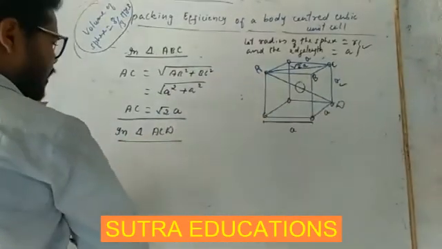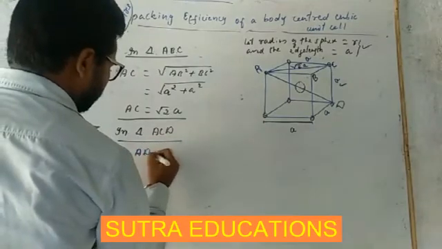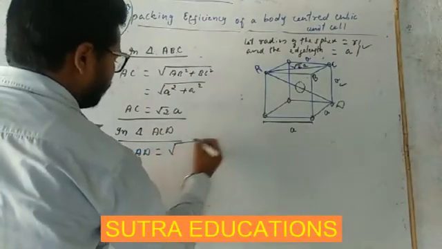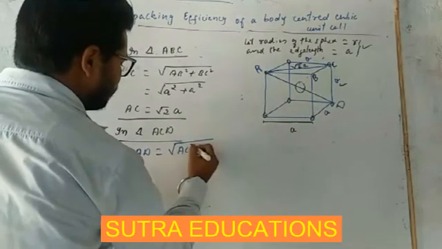So in triangle ACD, AD is equal to under root AC square plus CD square.